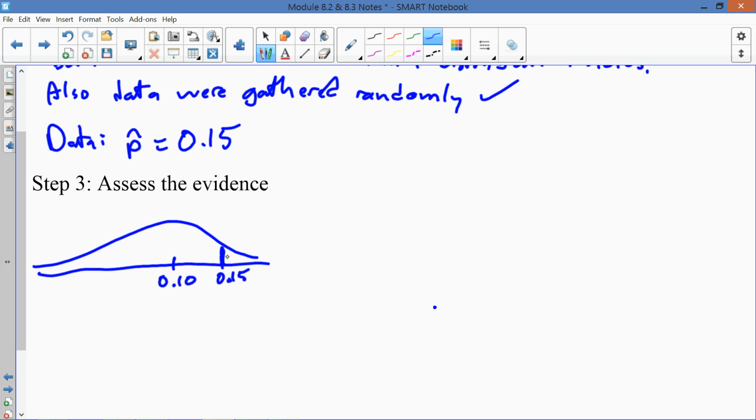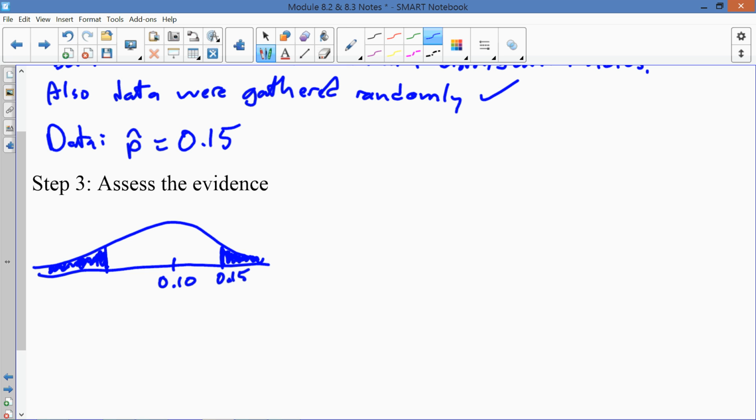And so we'd be looking at how unusual a result like 0.15 or greater is. So I plotted that over there to the right. And also, because I said not equal to instead of specifically greater than, I also need to consider the left tail as well. It's supposed to be symmetric. I didn't do a very good job of drawing a symmetric curve.